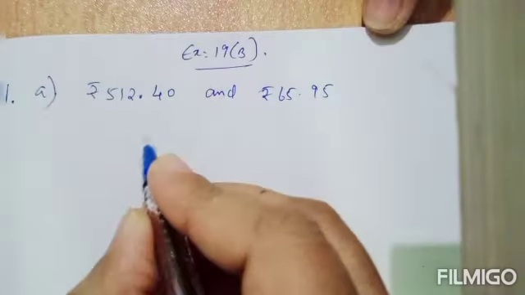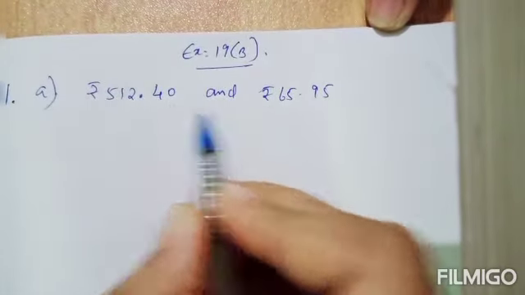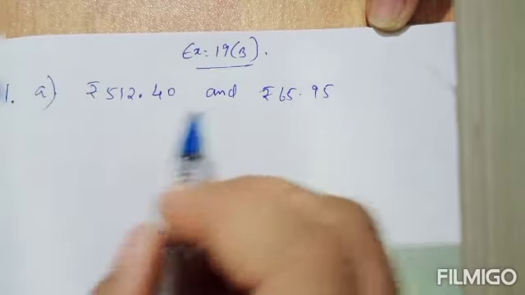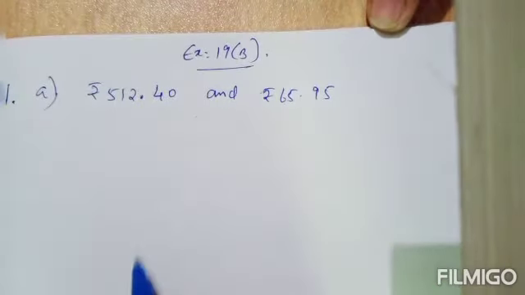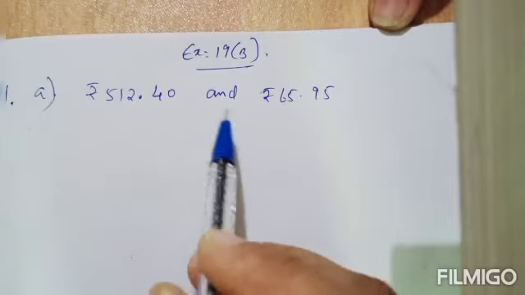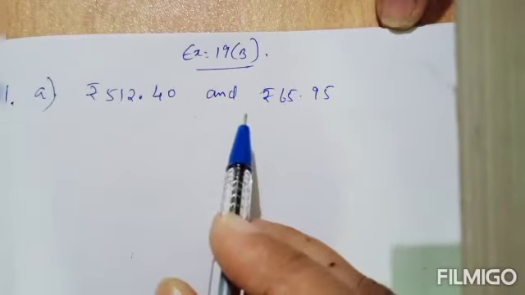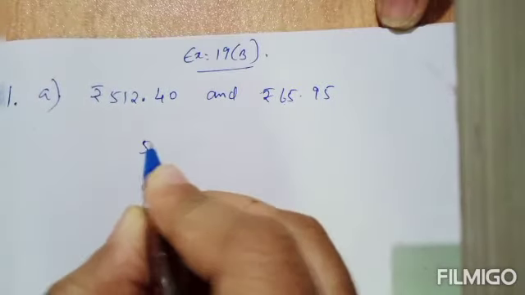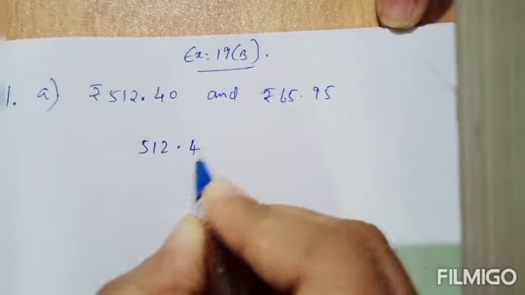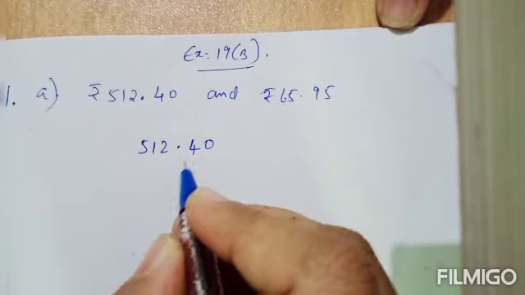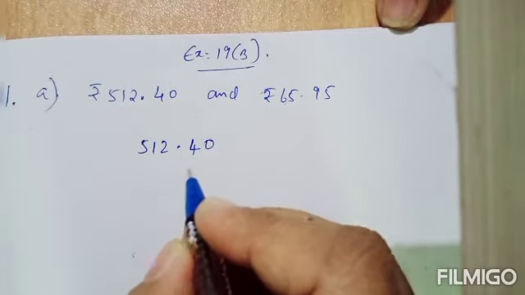Okay, so 512.40 and 65.95. How will you add? Rupees you have to write in one column. Now this paise part you have to arrange in another column. Okay, arrange these amounts such that rupees come in the same column and paise come in same column.